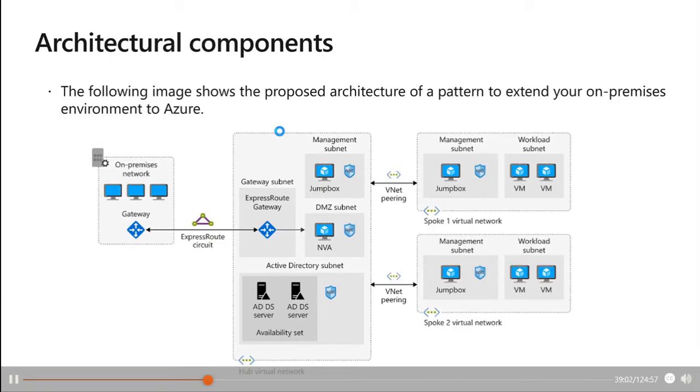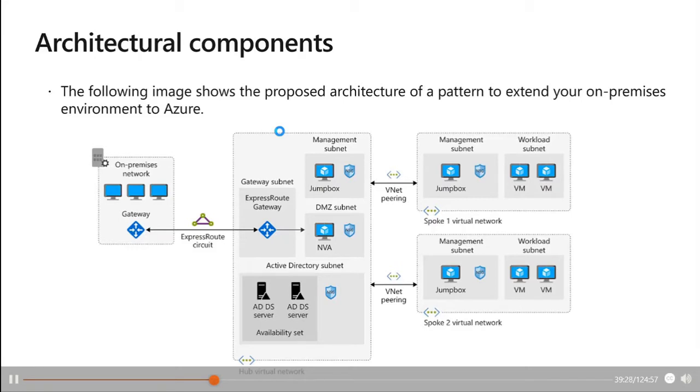So I'll have there two virtual machines in an availability set to serve as Active Directory Domain Services. That is, of course, replicating, and they are secondary domain controllers from the primary that, let's imagine, is on-prem. And their communication goes through the ExpressRoute gateway that you see over there to the gateway on-prem.